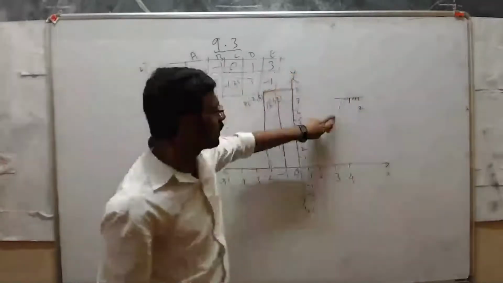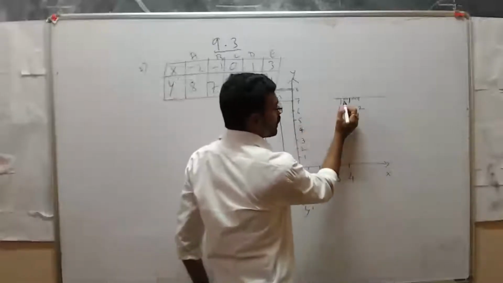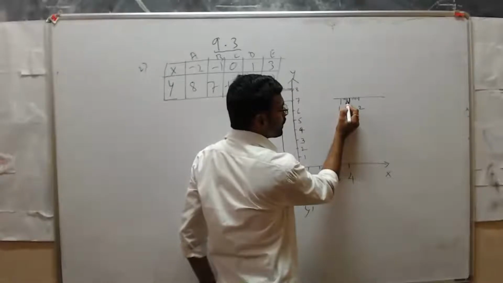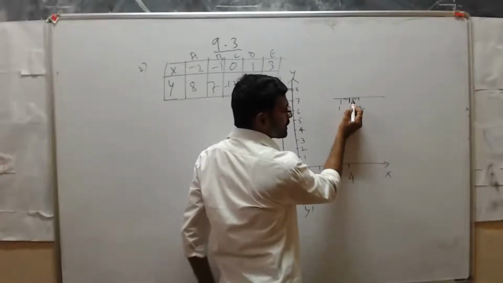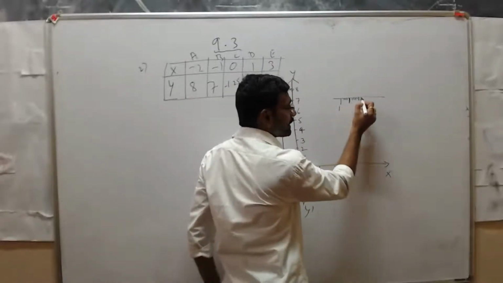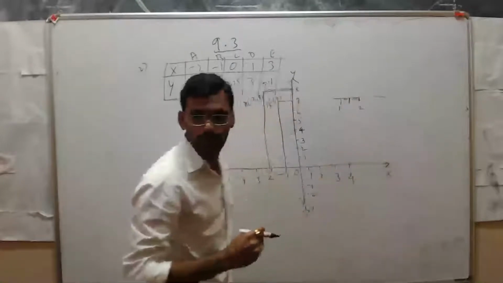In the graph sheet, between 1 and 2 the small lines are 1.1, 1.2, 1.3, 1.4, 1.5, 1.6, 1.7, 1.8, 1.9, and then 2. We should represent it like this.